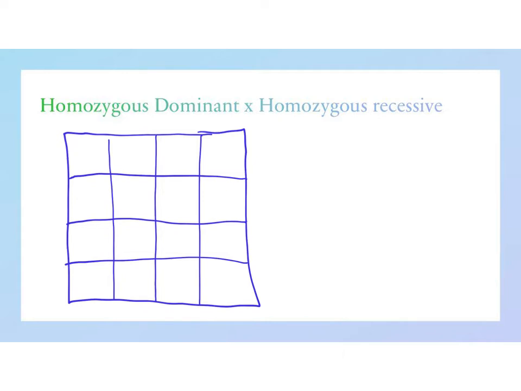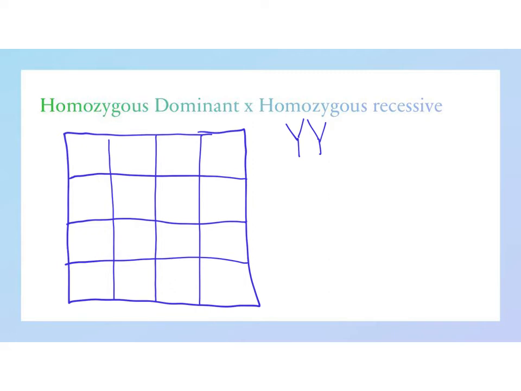Now, the next step is to figure out what the actual alleles are for homozygous dominant by homozygous recessive. I'm going to use the traits that were listed on the previous slide. Homozygous means the same. I'm going to start with color just because color was listed first. So homozygous dominant: the dominant color is yellow, and it's homozygous, so it has to be 2 capital Y's.